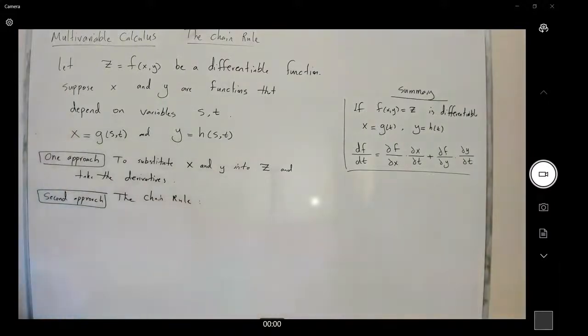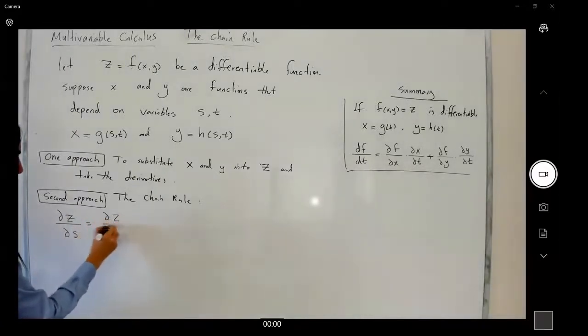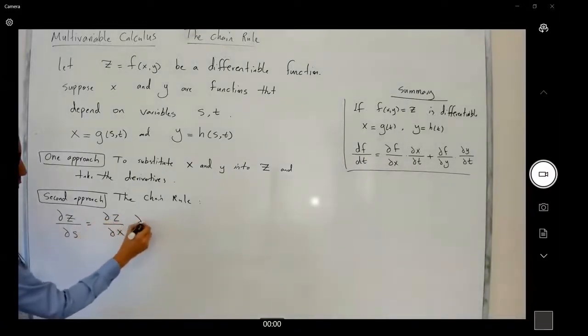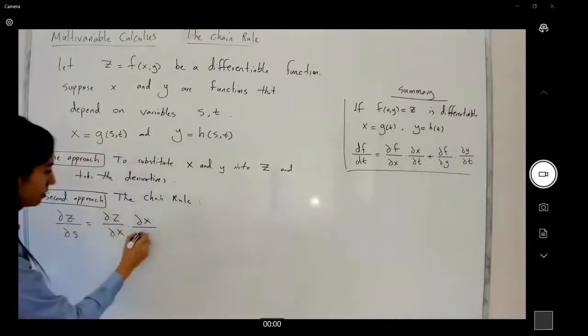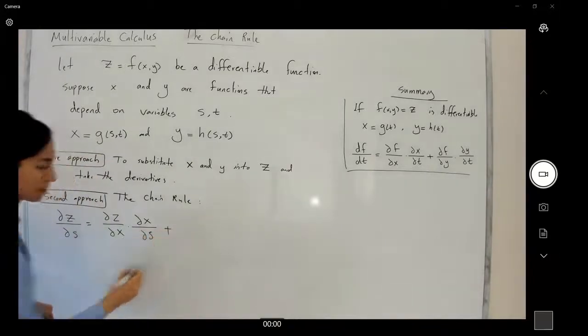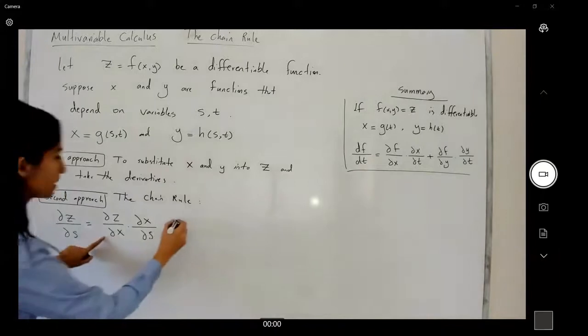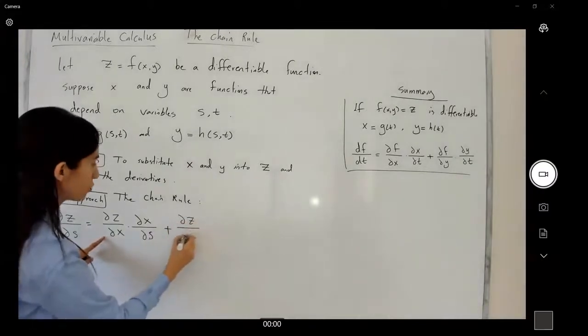So the chain rule says the partial derivative of function z with respect to s is equal to the partial derivative of z with respect to x times partial derivative of x with respect to s, since x depends on s and t, and we are taking the partial derivative with respect to s, plus partial derivative of z with respect to y.